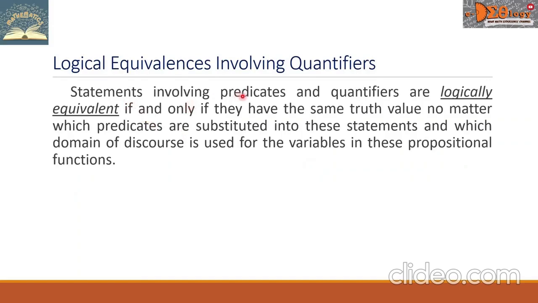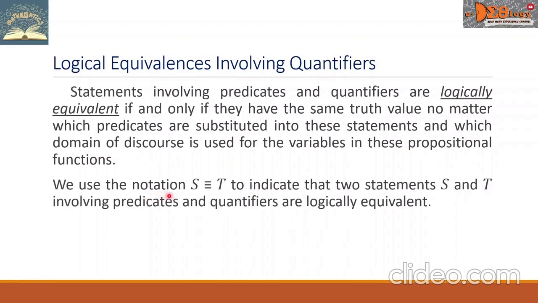Statements involving predicates and quantifiers are logically equivalent if and only if they have the same truth value no matter which predicates are substituted into these statements and which domain of discourse is used for the variables in these propositional functions.